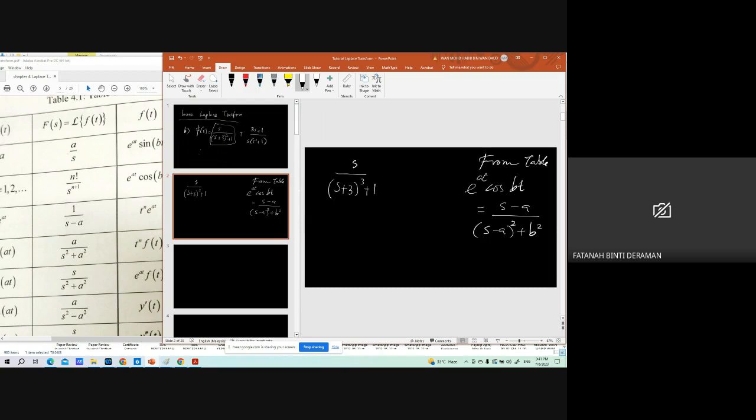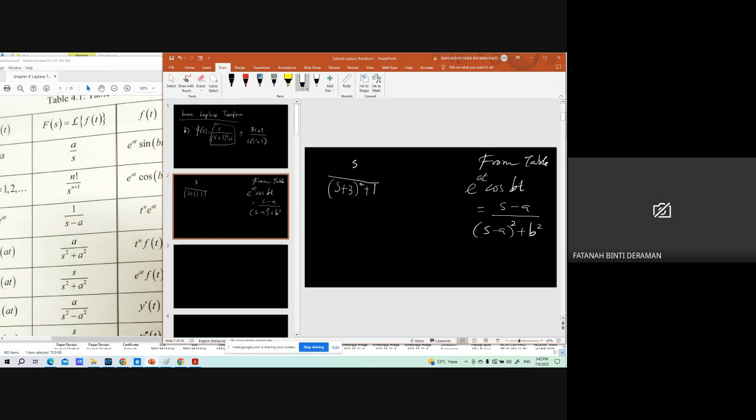So we have this. Actually this looks similar to this. This is square, sorry, this square.